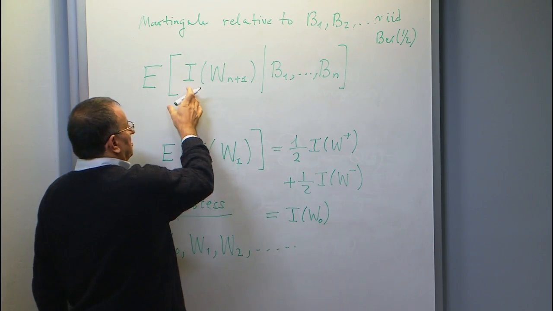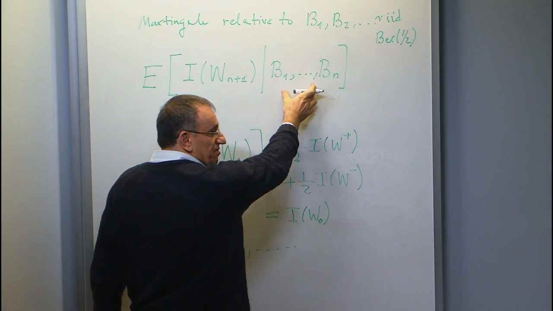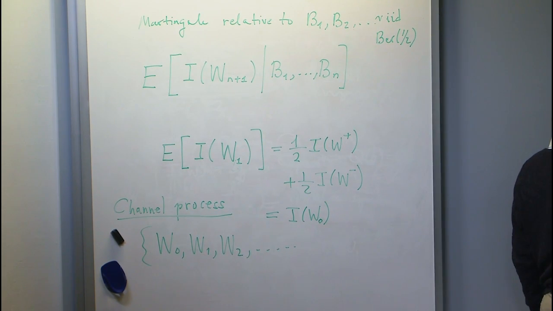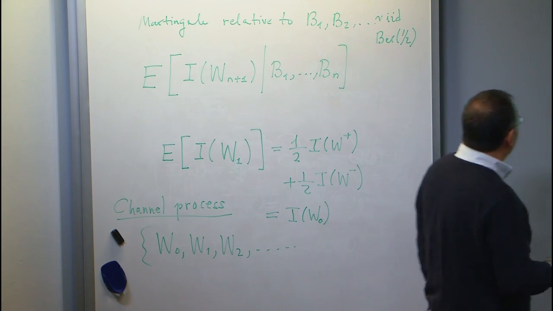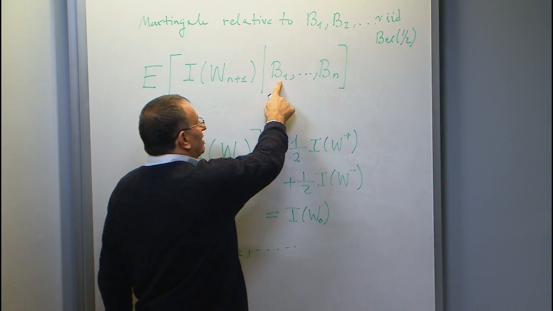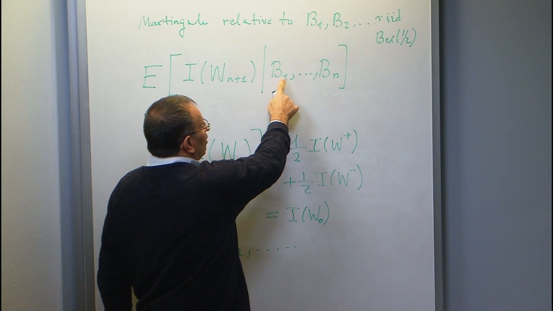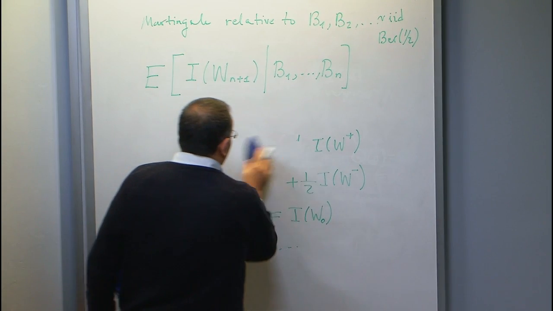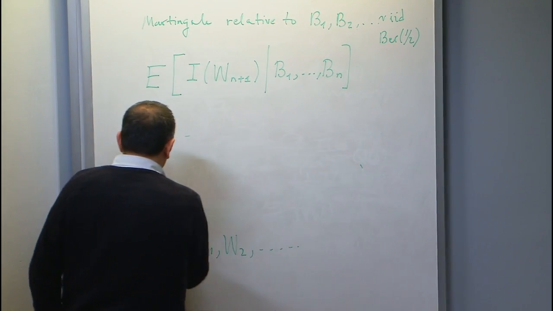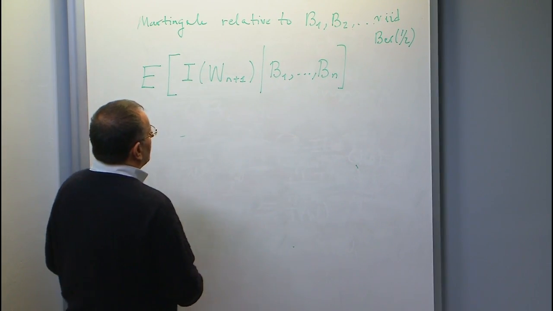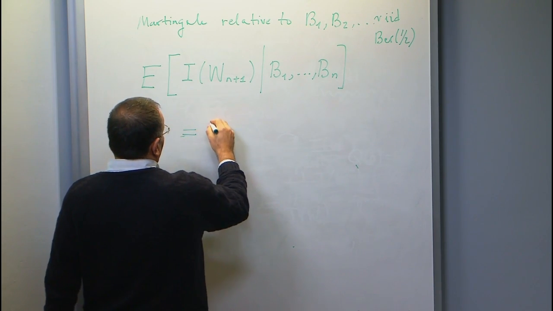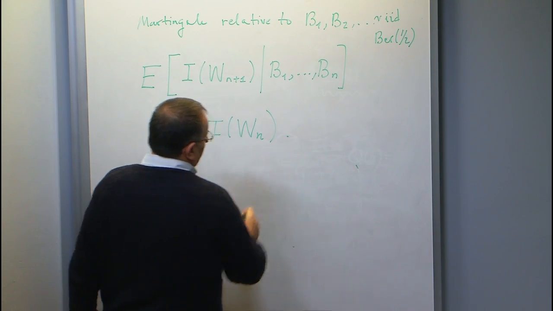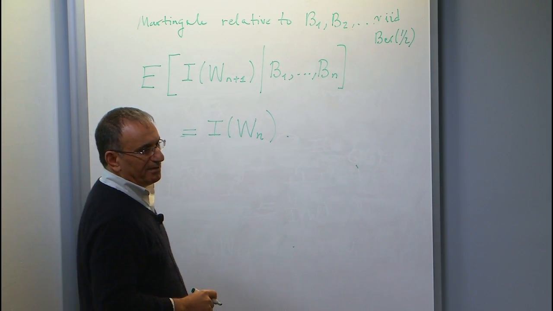Conditionally, given knowledge of this, I know where I am in this tree at time n, because I'm being told whether I went up or down at time 1, at time 2, etc. So this is equal to I of W_n.